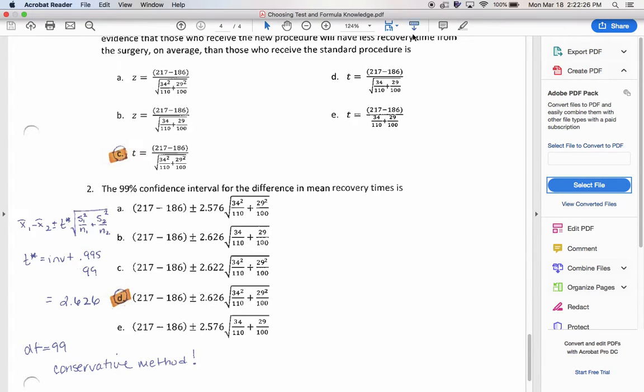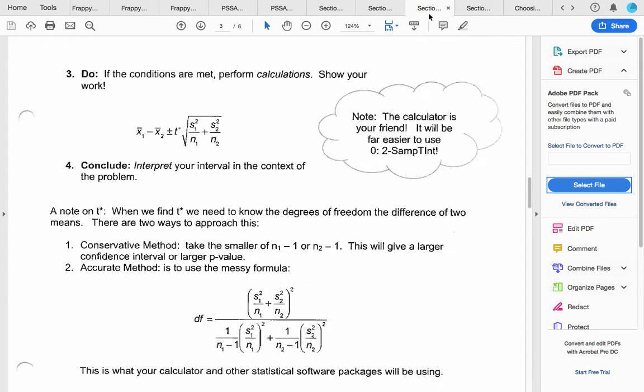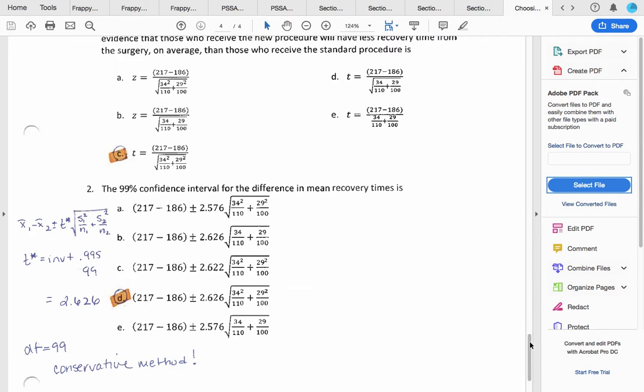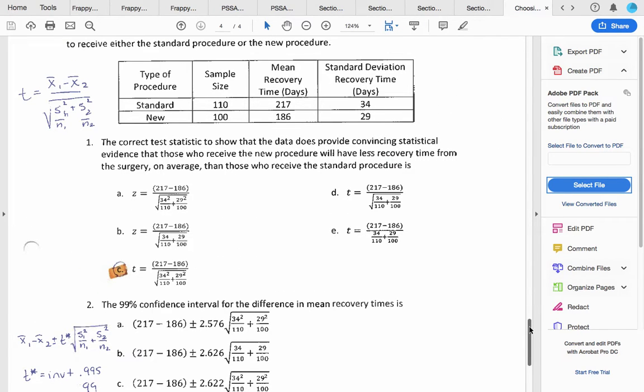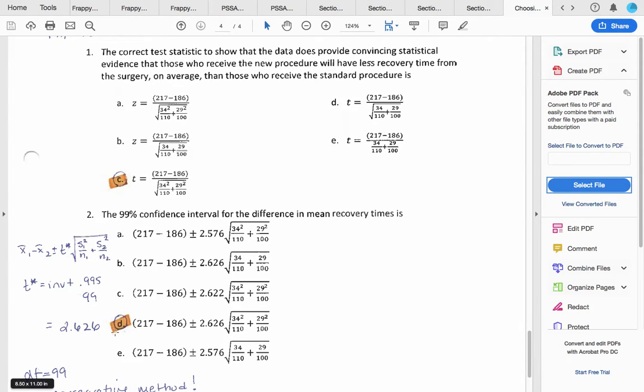So the conservative method says that we're taking the smaller of n1 minus 1 or n2 minus 1. So here I've got two sample sizes, 110 and 100. So 100 minus 1 will give me 99. That'll be the smaller one. So this is a 99% interval, there'd be 99% in the middle.